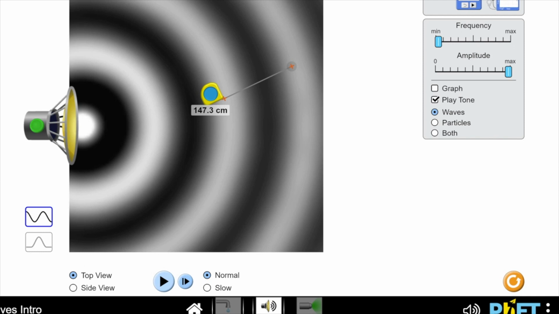The wavelength there is around about 147.3 centimeters.